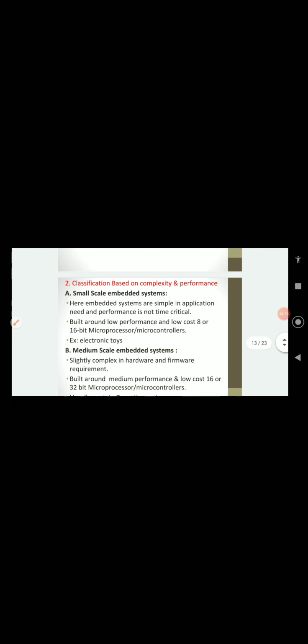Now we will start with the classification based on complexity and performance. Here we have divided the embedded systems into three types: small scale embedded systems, medium scale, and large scale or complex embedded systems.